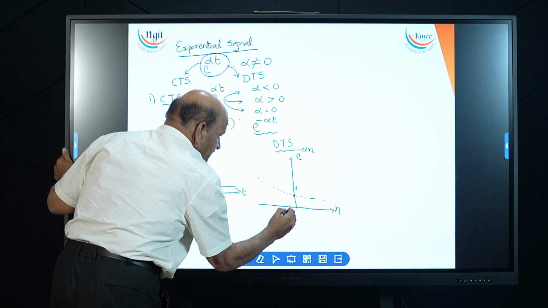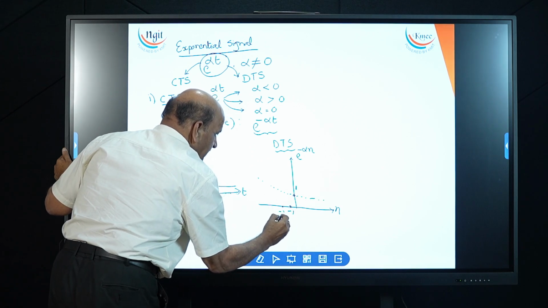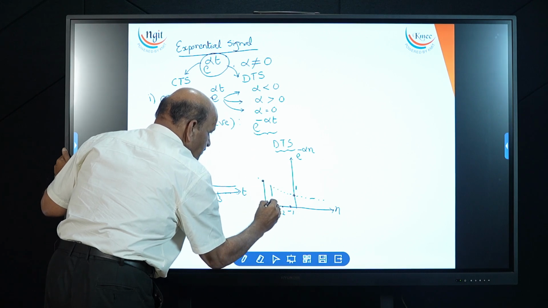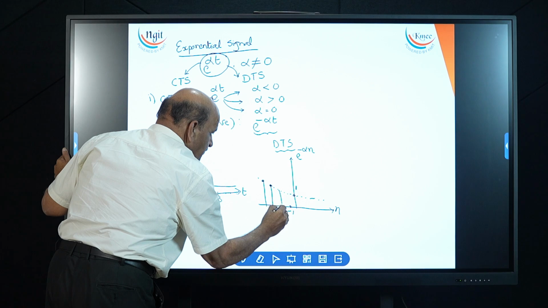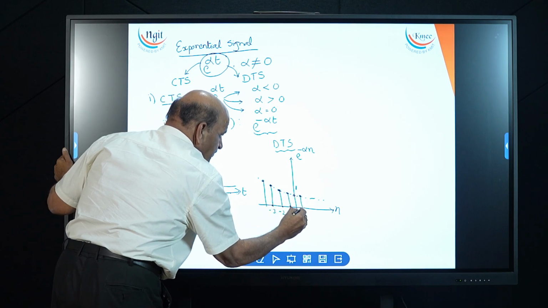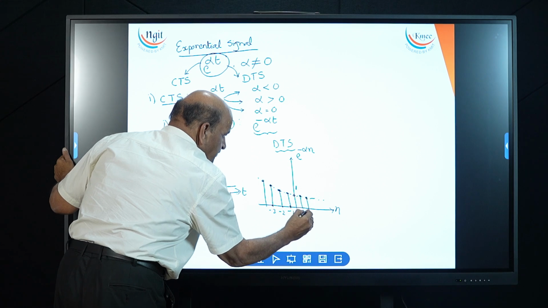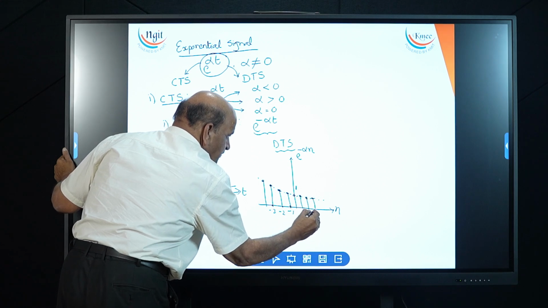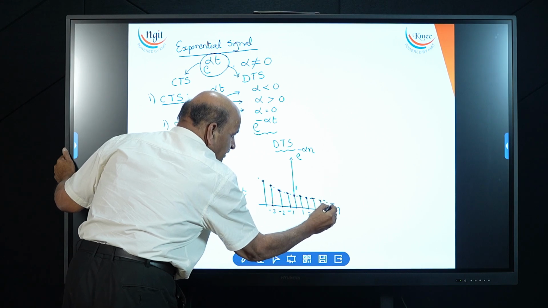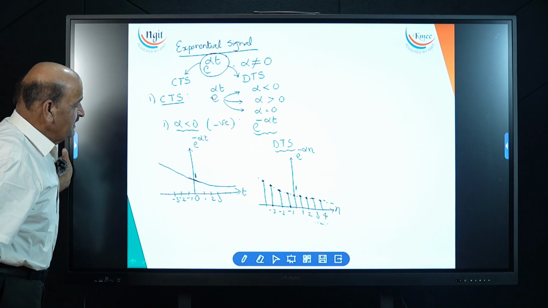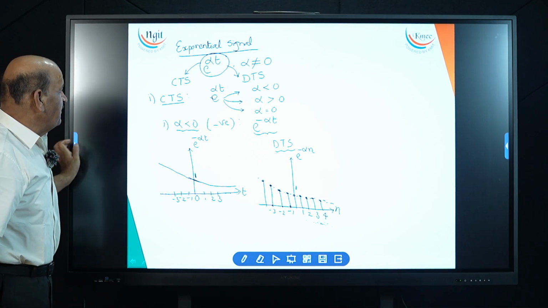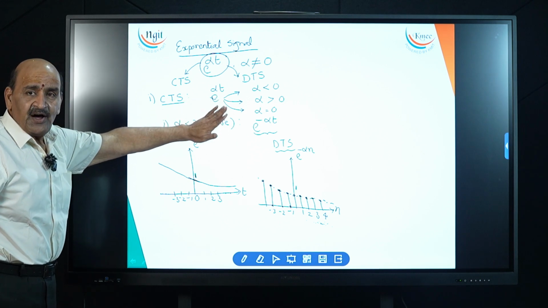Now just look at, this is minus 1, minus 2, minus 3, etc. This is the discrete time signal representation of e power minus alpha t.